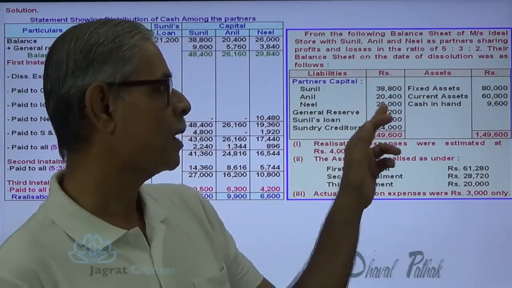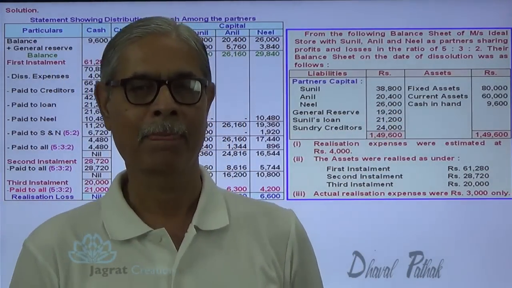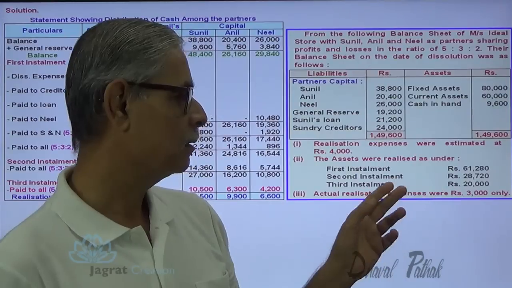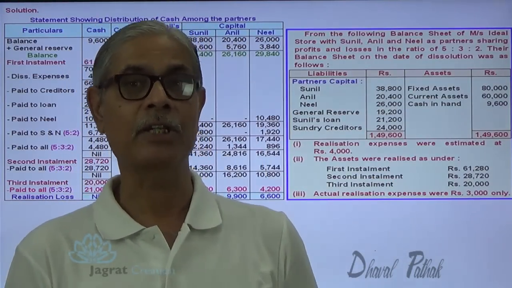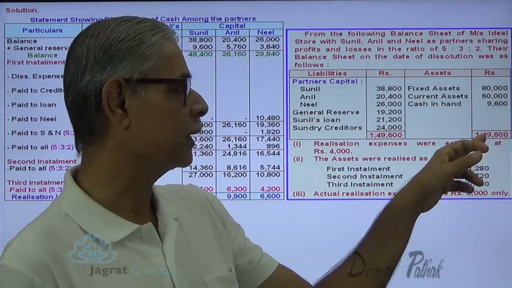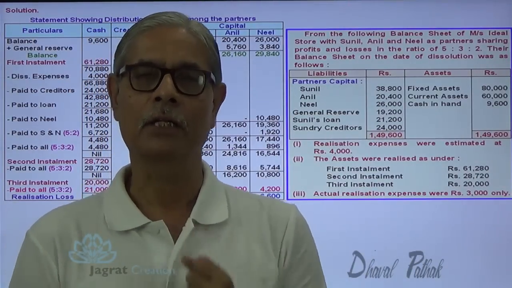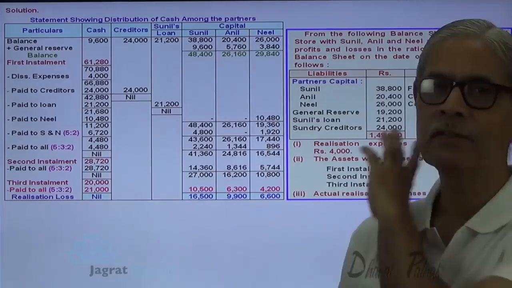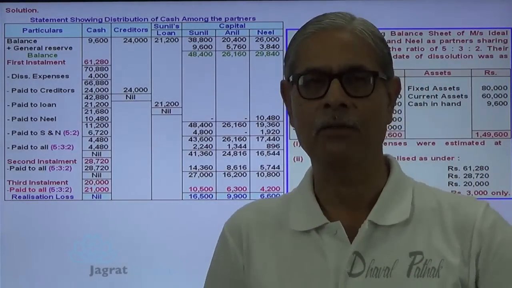Add the cash balance 9,600 to it. From that, deduct the expenses of 3,000, and you will get the total cash received for the assets. Find out the difference with 1,49,600. Minus that, you will get the loss, and the total of this loss will be the same.